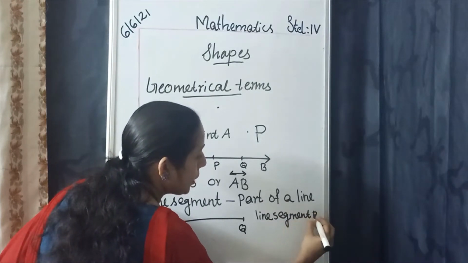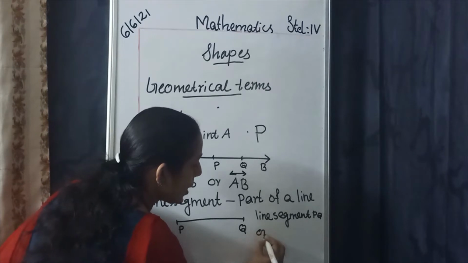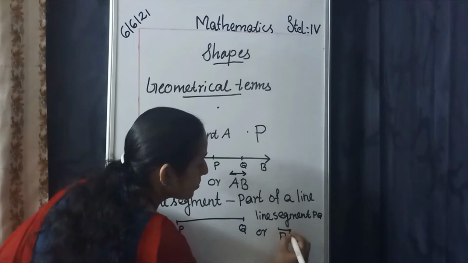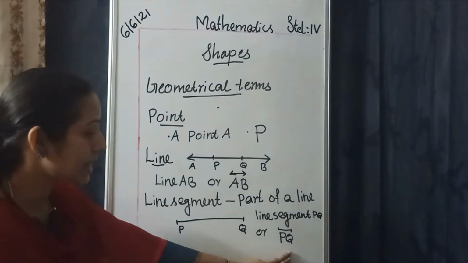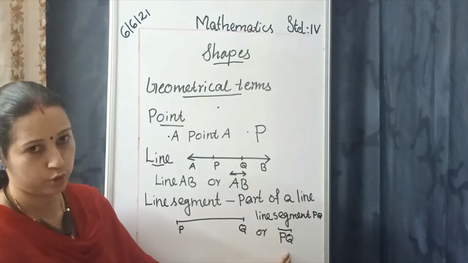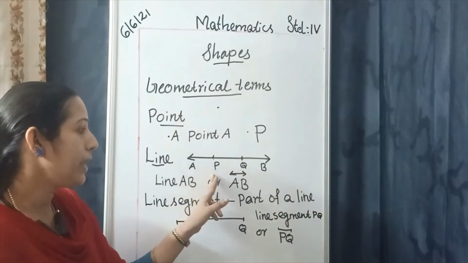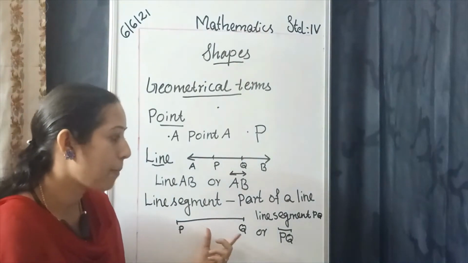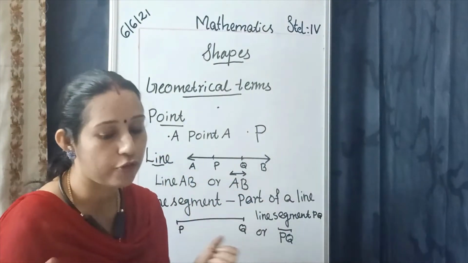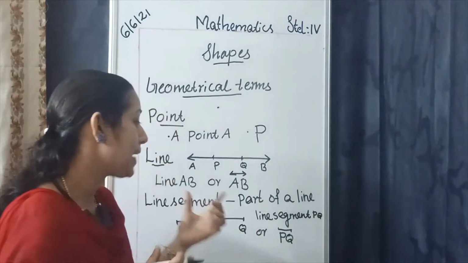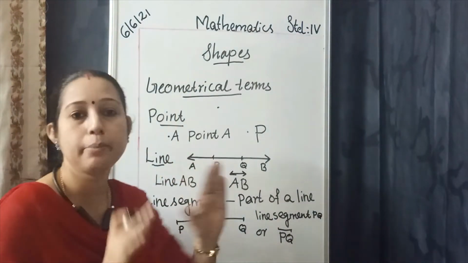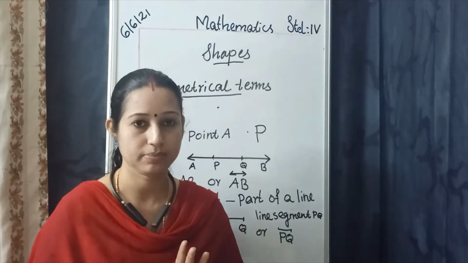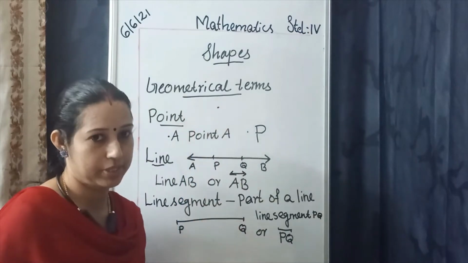So this is read as line segment PQ, or using a symbol we can write PQ and put a bar on top. So this is read as line segment PQ. A line has no end point. A line segment is a part of a line, a piece of a line, and it has 2 end points. A line has 0 end points. A point means no dimension.